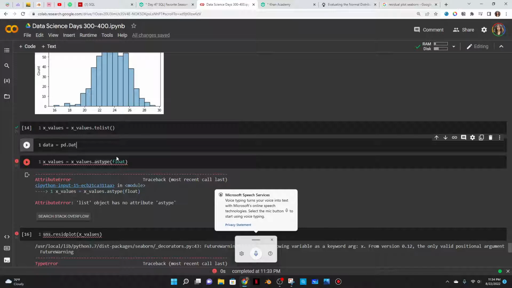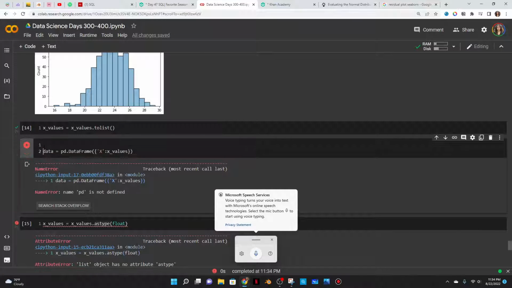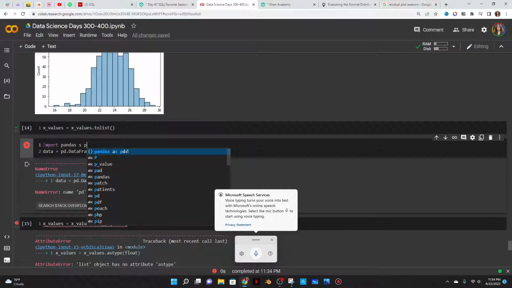And what is going on? What is literally going on with my keyboard? Okay, data frame, and then my x would be my x values. pd, of course. Okay, because I clearly forget to import anything that I use.